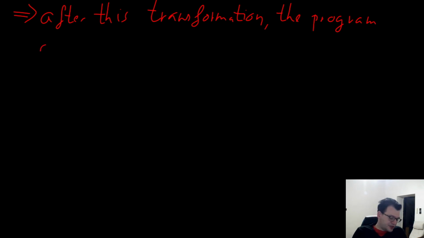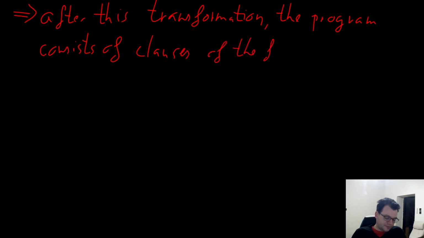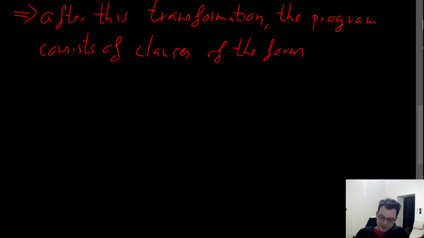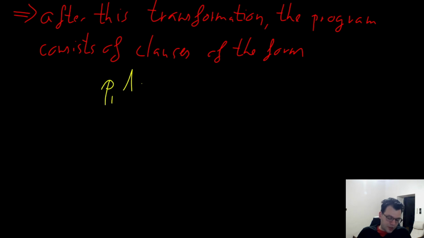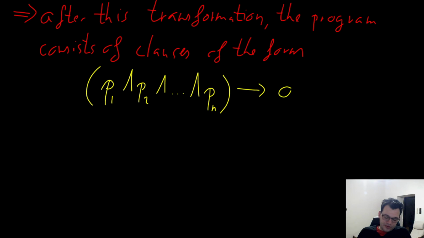The program consists of, so it's just Boolean clauses of the form, and I will just write this in yellow. So clauses of the form P1 and P2 and blah blah blah and Pn, implying some Q, with each of these guys being one Boolean variable.